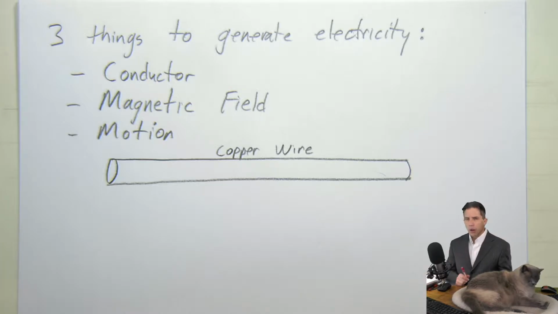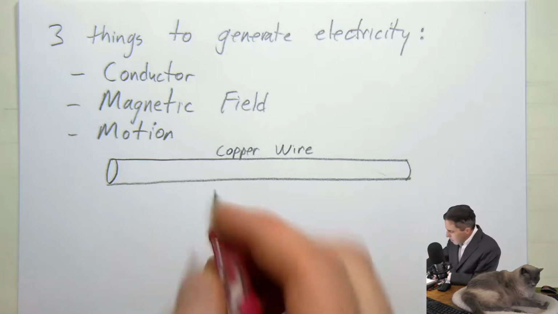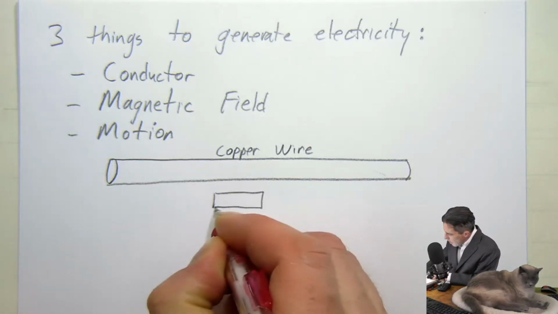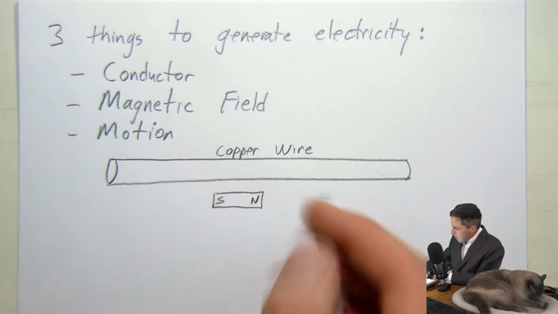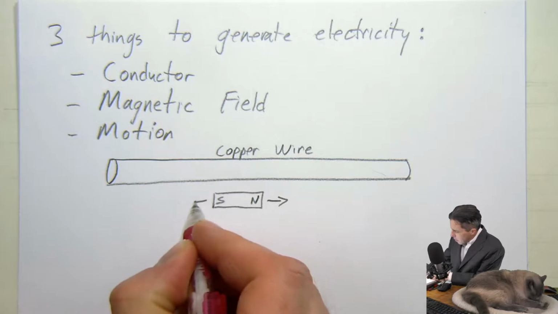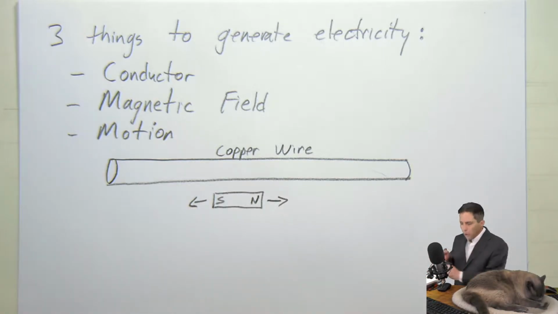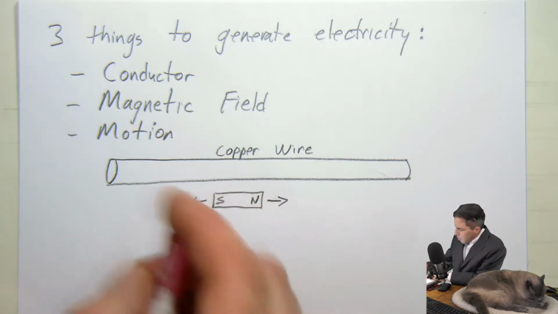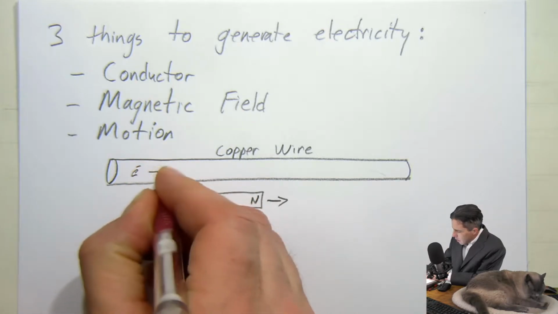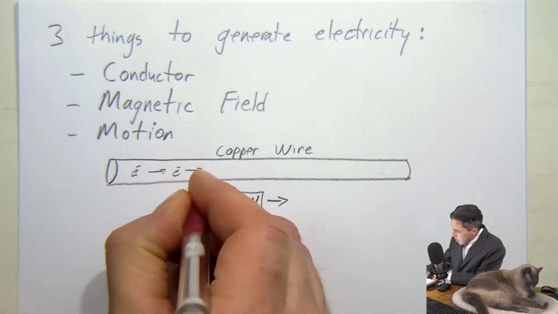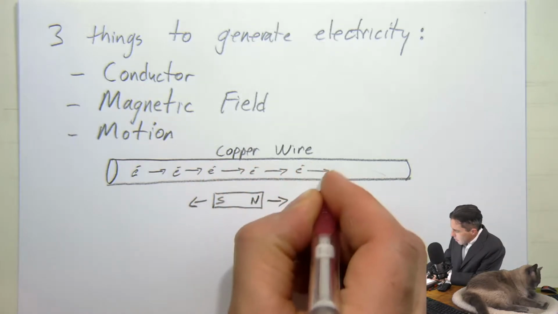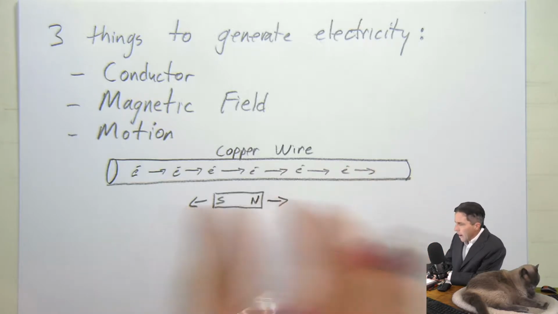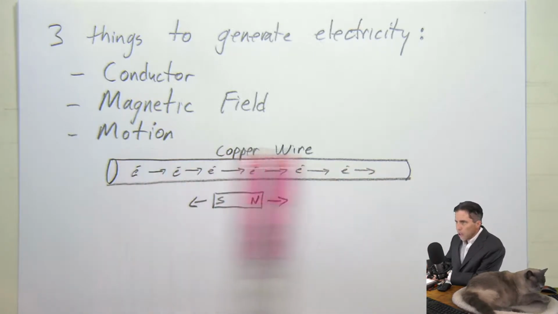Okay, so to get that to happen, if I take a magnet, so remember a magnet has a north side and a south side, and let's say I move this magnet back and forth. If I move this magnet back and forth, what I would notice is that the little electrons would start moving down the wire. Okay? And if I move this back and forth, the electrons will change direction back and forth as well.